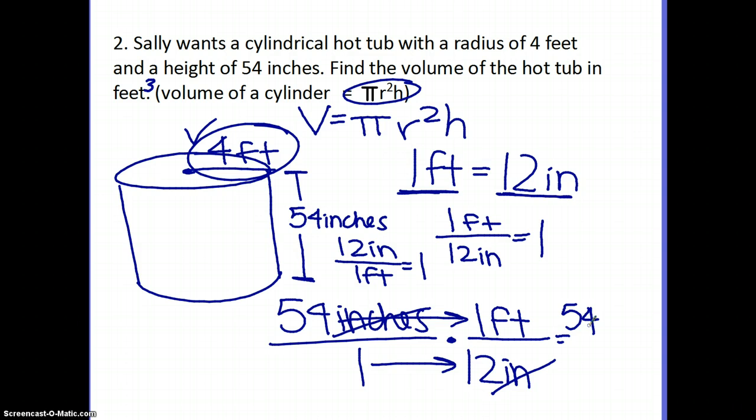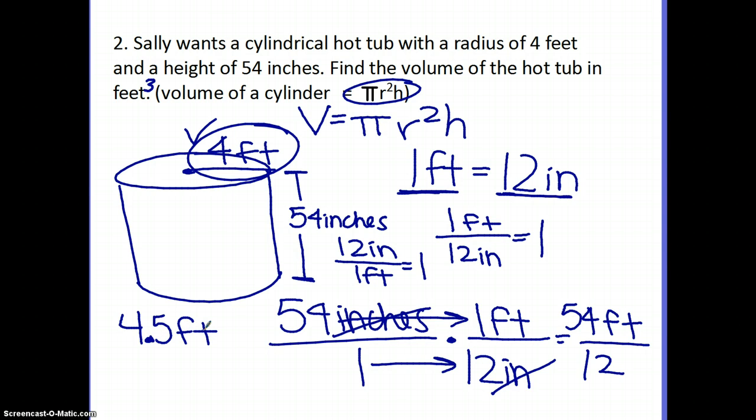I don't have inches anymore on the top, but I do have feet, so I'm going to write that on the side. 1 times 12 is 12, and I don't have any units on the bottom because they're crossed out. So 54 divided by 12, I believe that's 4.5. So, yep, 4.5, and that is feet.